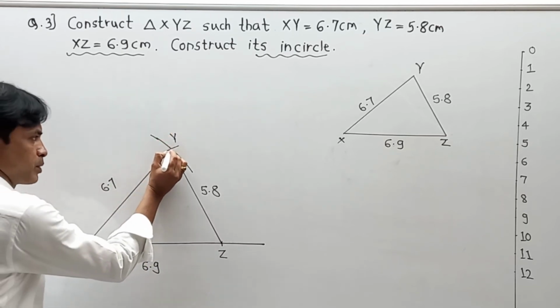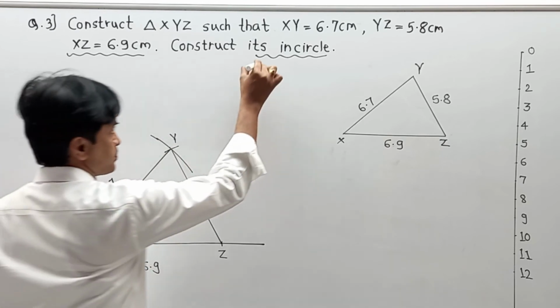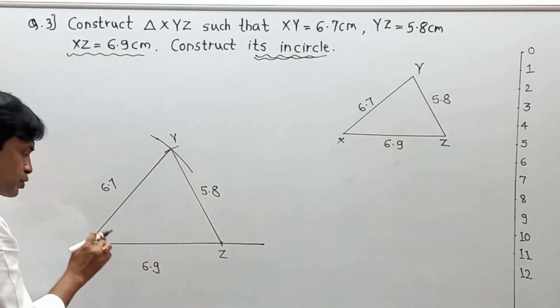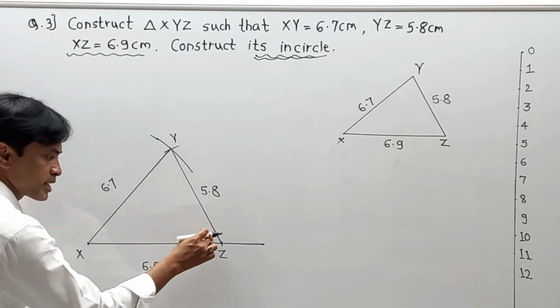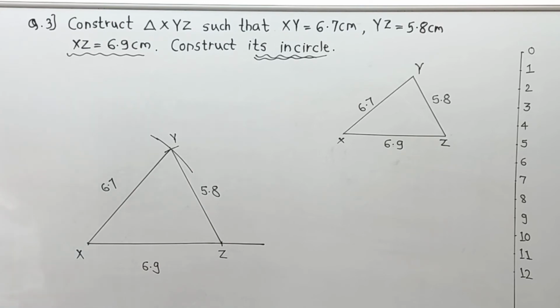Now coming to the next part. In the incircle, our focus goes to angle bisection. Here I am going to take the two base angles, one is X and the second is Z. Remember, in this case we don't know the exact values of X and Z, so please take precautions and properly draw its angle bisector.